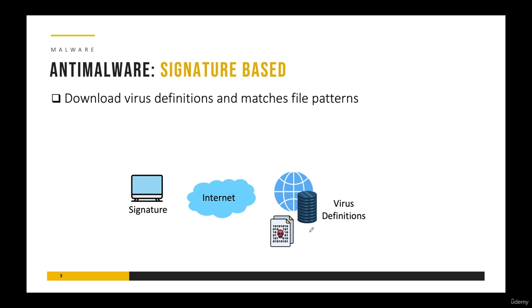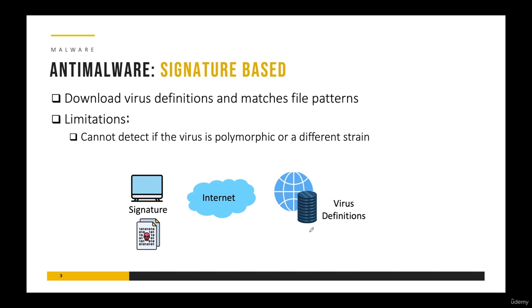They identify key actions or key code structures of the virus. So signature-based anti-malware simply fetches these new virus definitions periodically from the database, and then matches the locally scanned files against these virus signatures in order to detect the presence of malware.